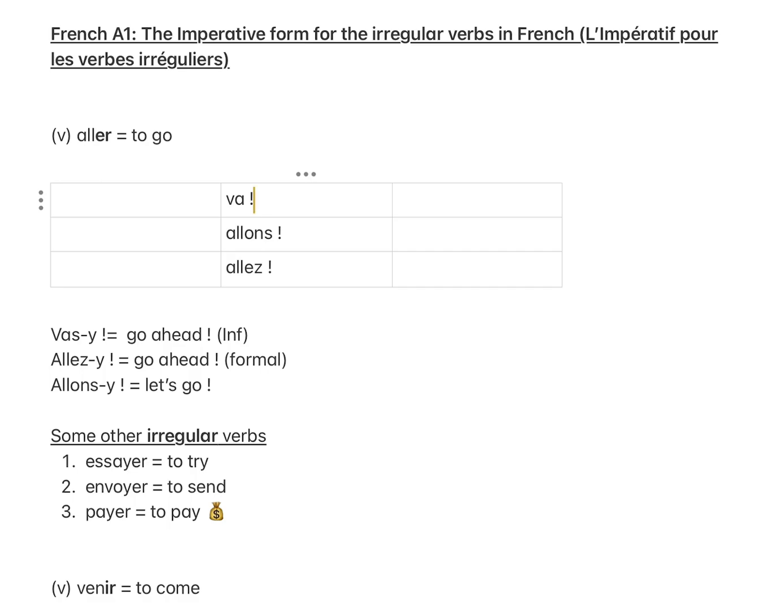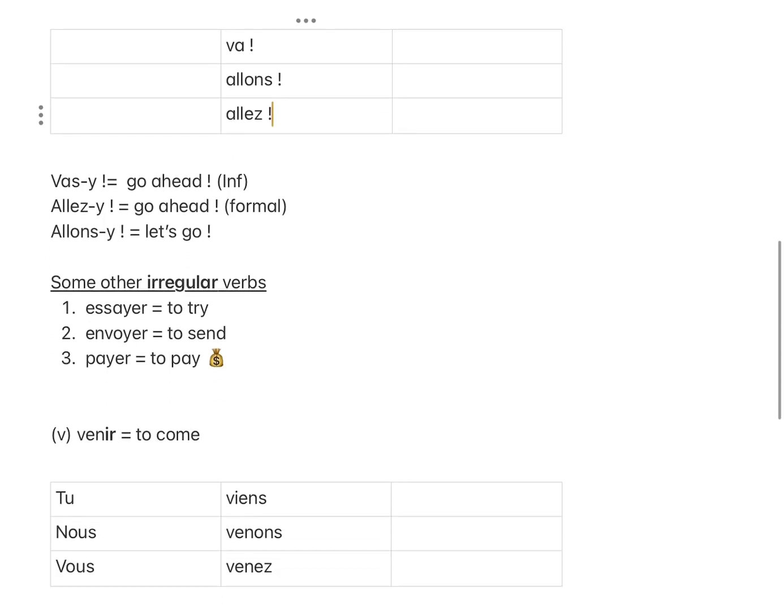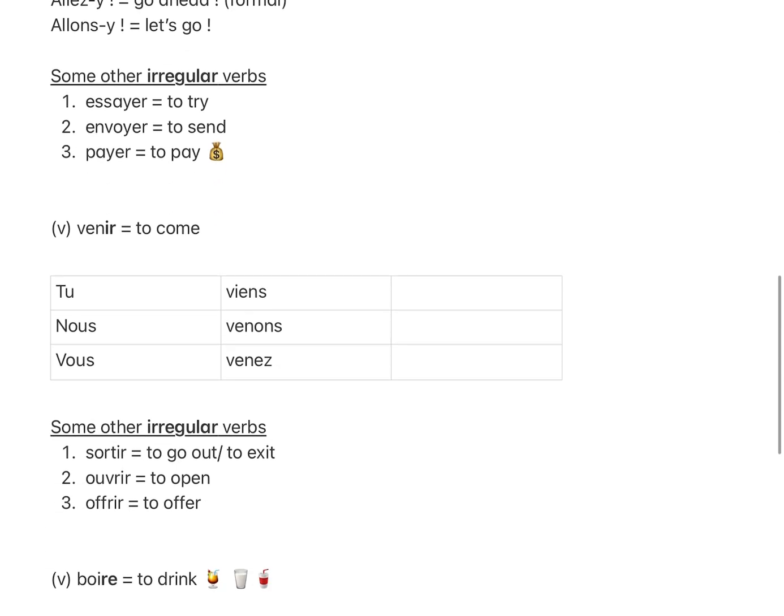And the third step is to add the exclamation mark. So these are the three steps that we'll be following when it comes to making the imperative form for the irregular ER verbs. Moving on to the next one, we have the verb venir.